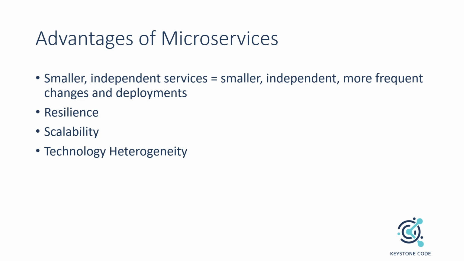So the surface area of what we have to test before doing the deployment on a monolithic application is quite a large surface area. And so if we have smaller independent services that are independently deployable, the surface area of what we have to test and regression test becomes much smaller and more nimble.